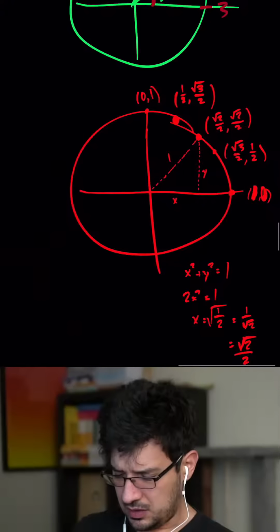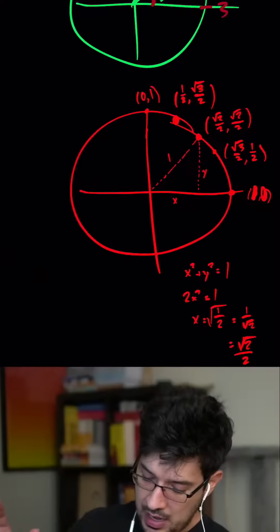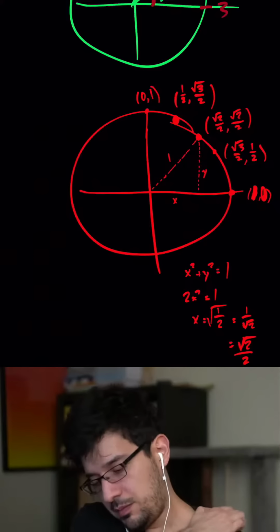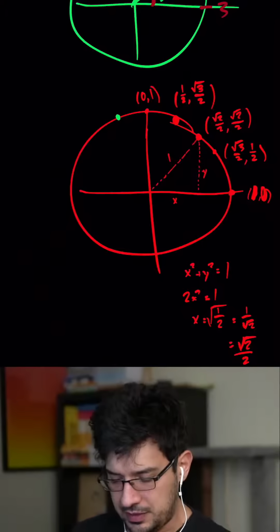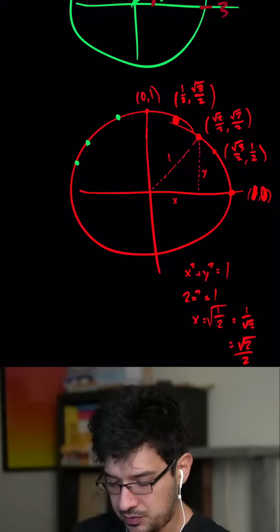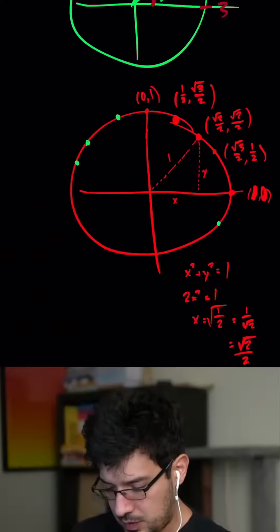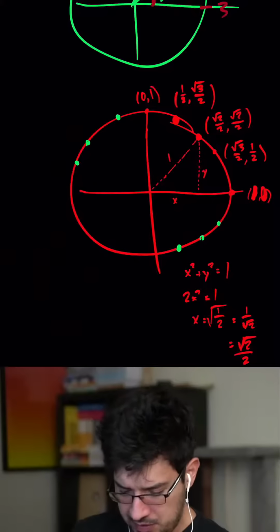So these are the special values of the unit circle, and from those you can calculate all of the other ones. You think of these as mere symmetries of the first quadrant. So don't try to memorize everything, kids.